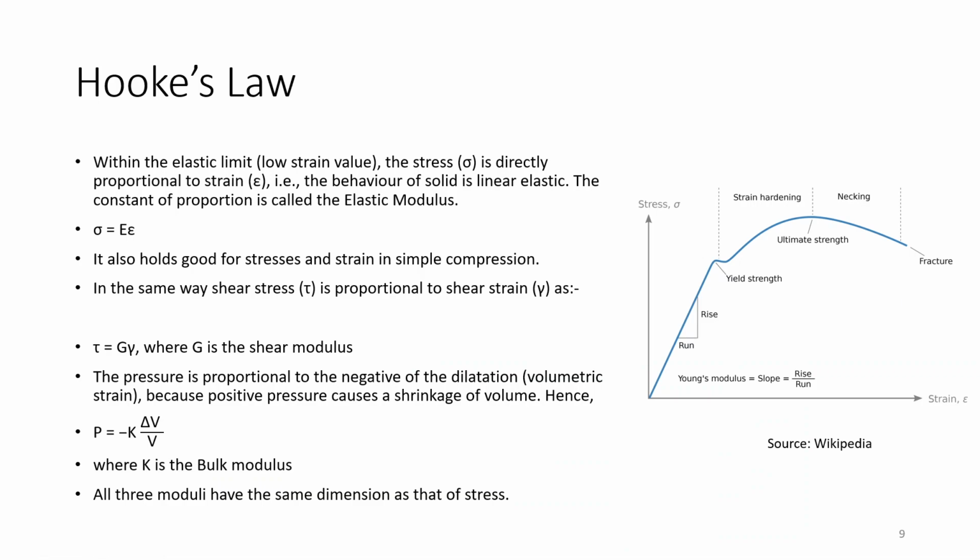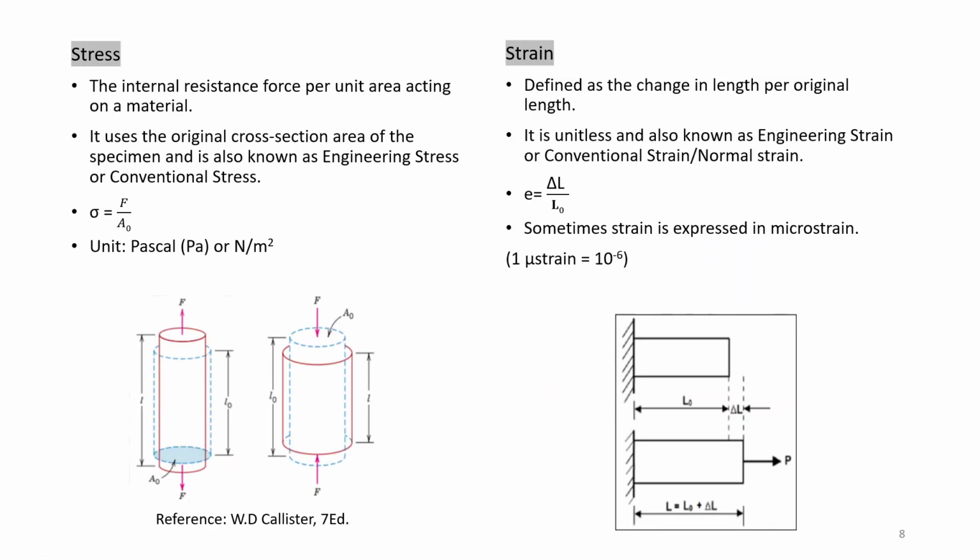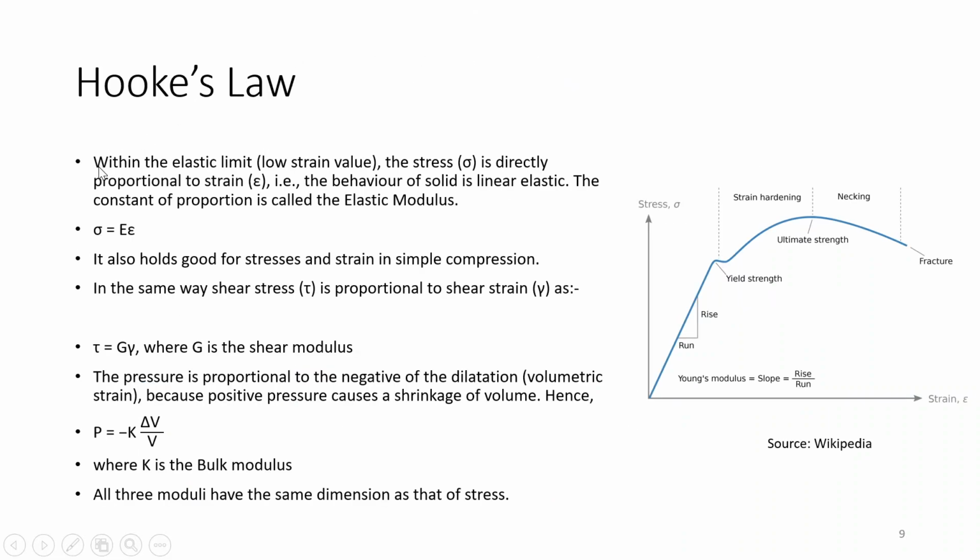Next, to connect stress and strain, we have Hooke's law. Within the elastic limit, for low strain values, the stress is directly proportional to strain. The behavior of the solid is linear elastic, and the constant of proportionality is called the elastic modulus.